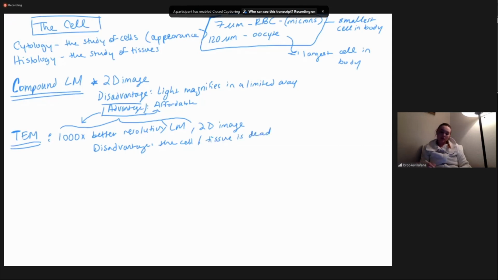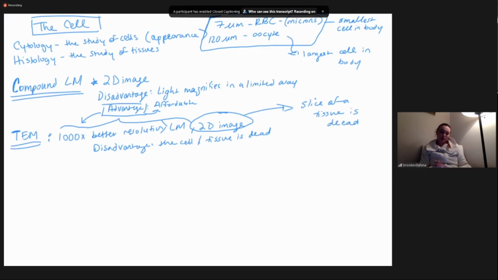So anytime you have this two-dimensional image, this means you're looking at a slice of a tissue, right? If you look at a slide in the lab, when you guys go into lab and you see those slides, it's like a slice. You can't keep that tissue alive in order to slice it up, right? Even if it's just for those cells you see, they're dead. So any slice of a tissue is dead. So this is a disadvantage to both.